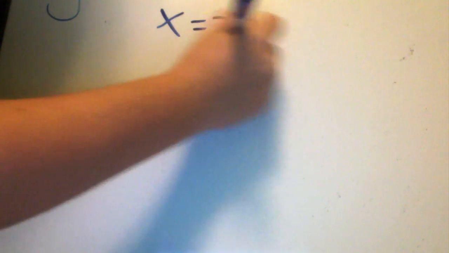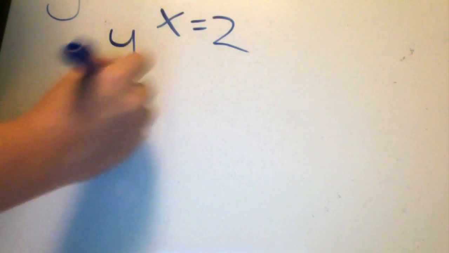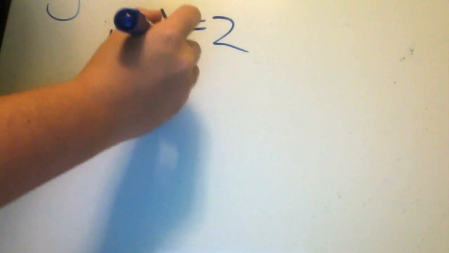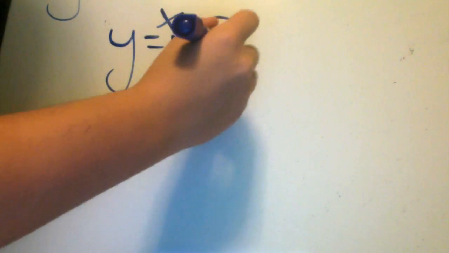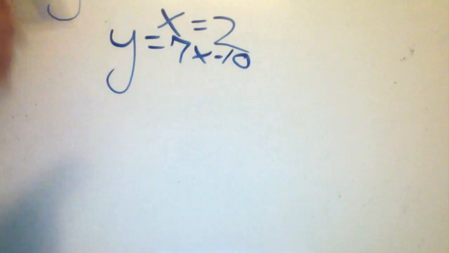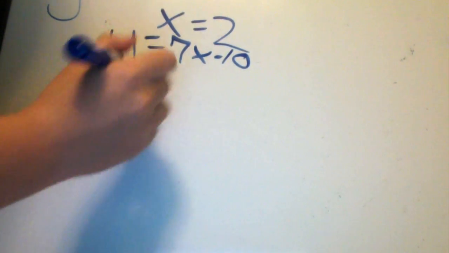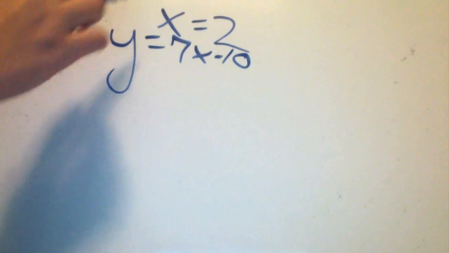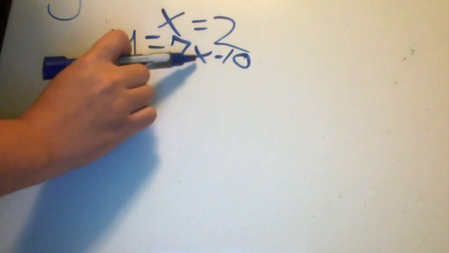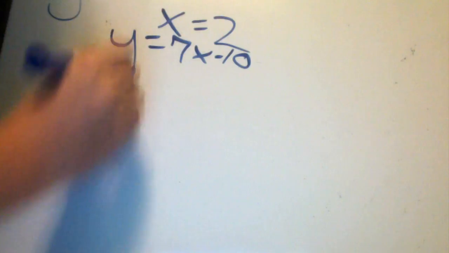In this situation, our x is 2. The equation is y equals 7x minus 10. So, as before, first thing we do is we plug in the x. So we replace this x with 2.